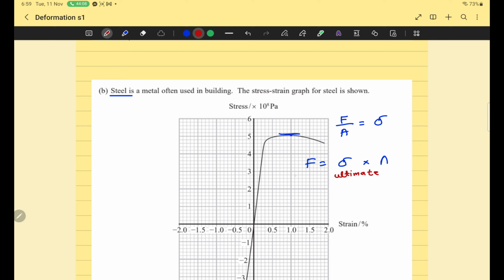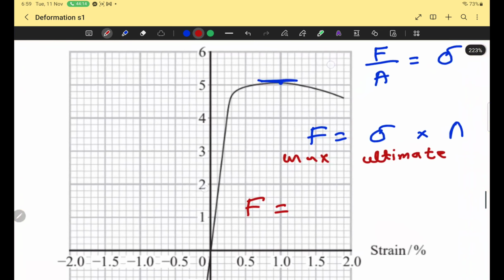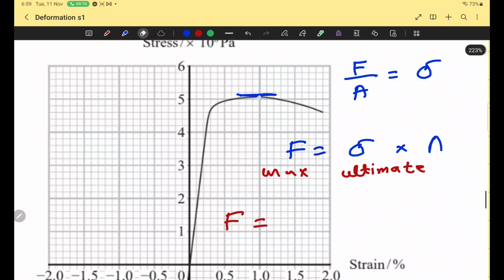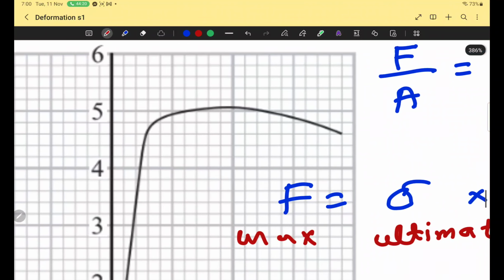If I use ultimate stress, then it will give you maximum force. As Banin read it, it is 5.1. I am counting, it is 5.2, and she is saying it is 5.1.